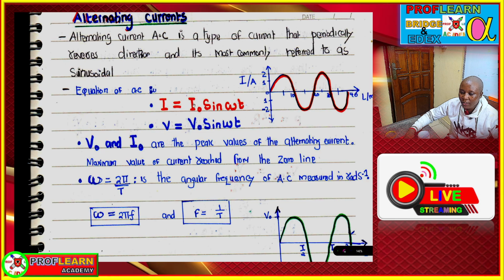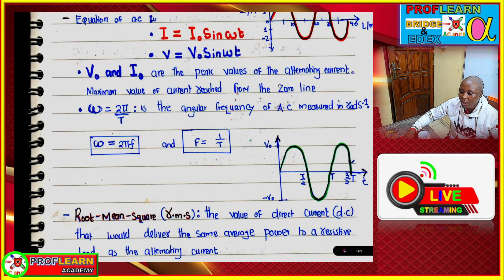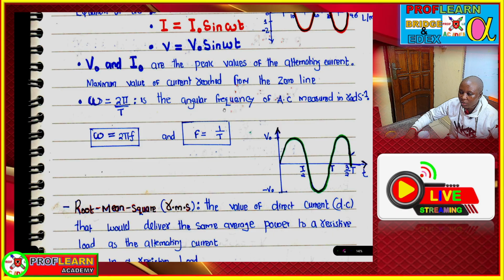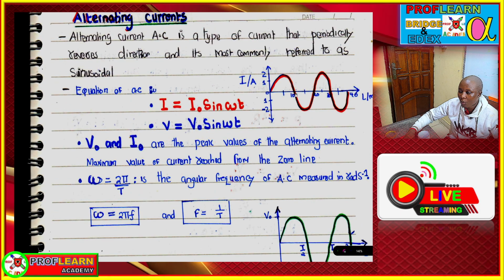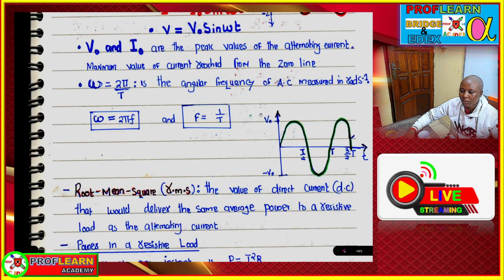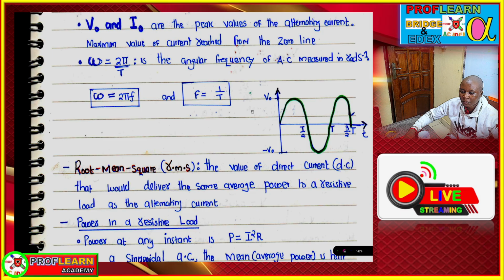If you are asked to find the value of I naught, then you have to read the maximum value. If you are asked about V naught, you are going to read from the graph the maximum value, and that is the peak voltage or the maximum voltage. If you are asked about period time, remember period is time for one complete cycle. And the frequency is the number of cycles per second. So you have to know the relationship between that.